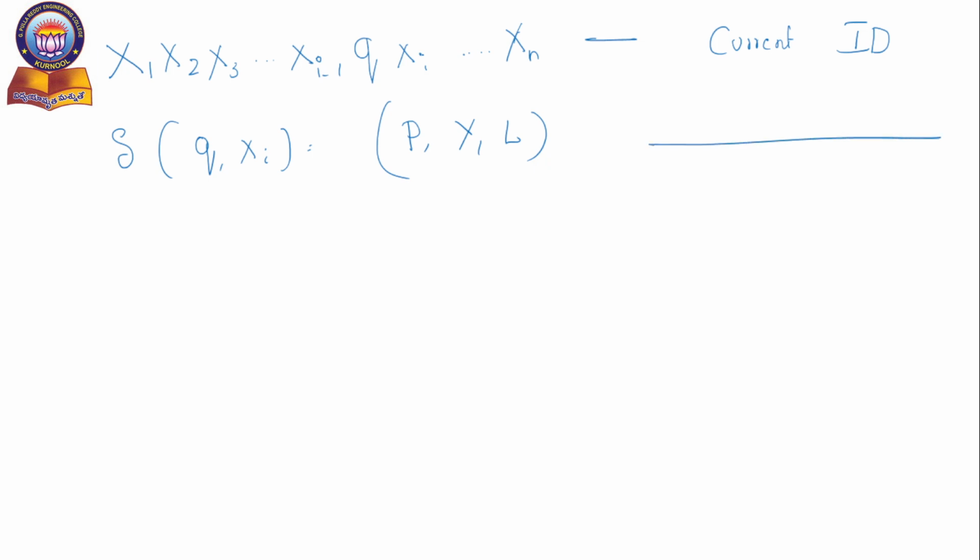So pictorially it will be like this: x1, x2, x3, xi minus 1, xi, xi plus 1, xn, next blank. All these strings are placed over the tape like this.